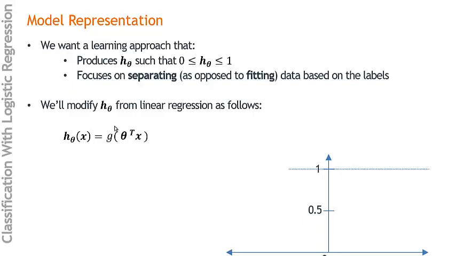Now what we want to do is take a function of this linear expression that takes restricted values between 0 and 1. Now theta transpose x can take any value along this z-axis here.